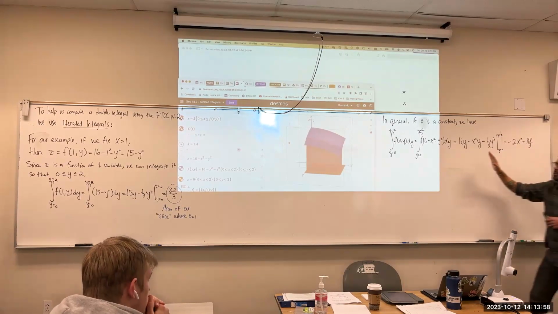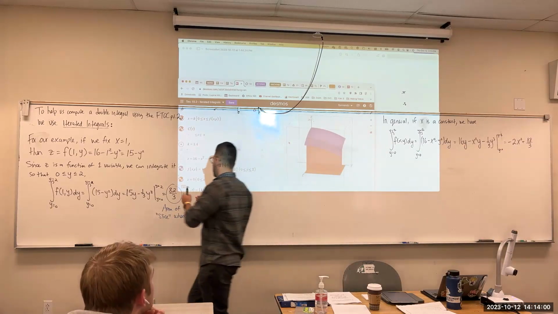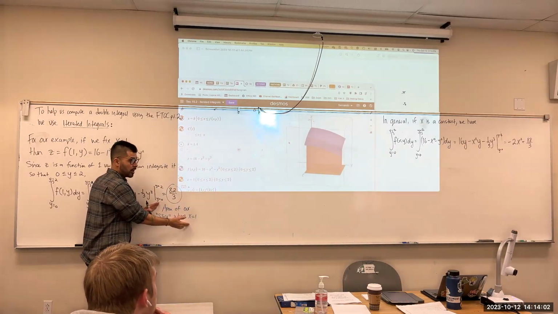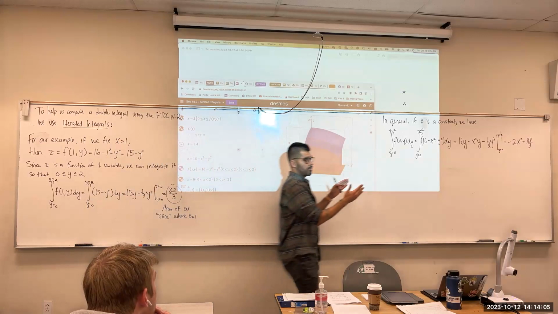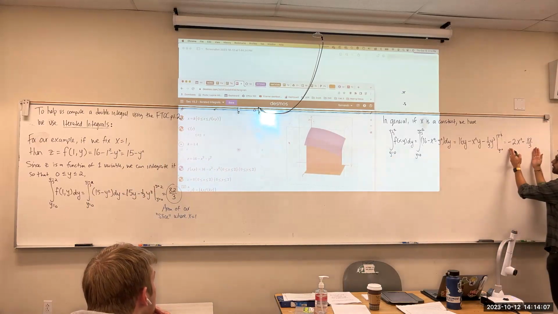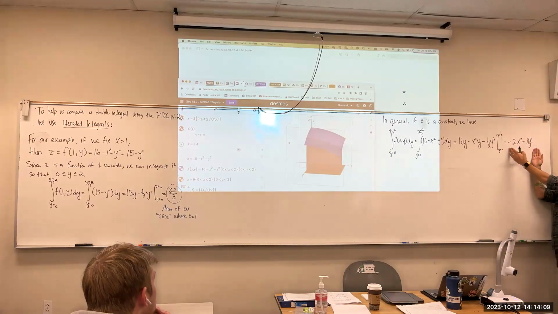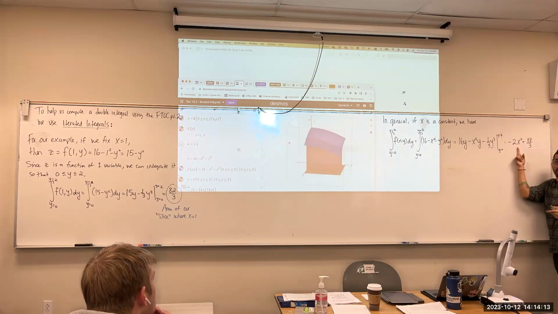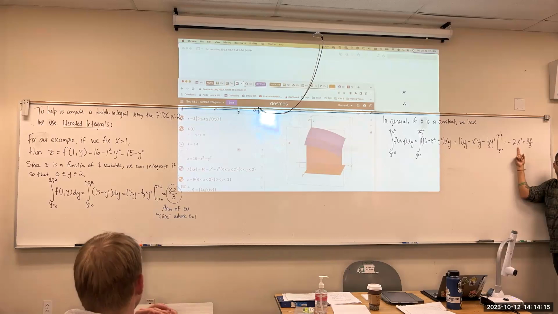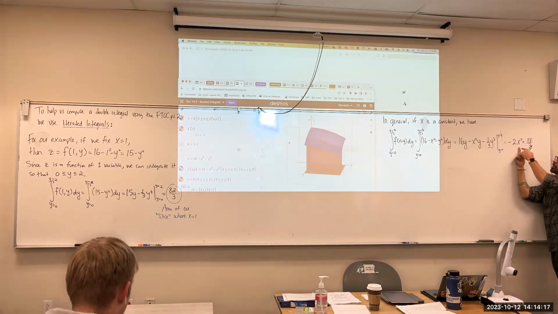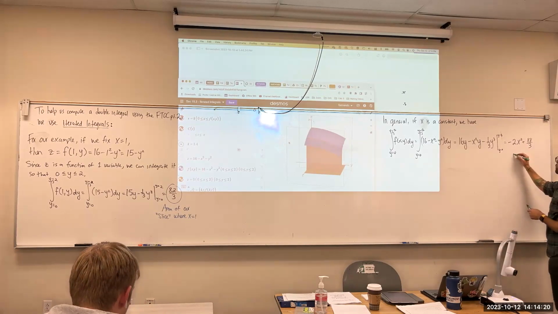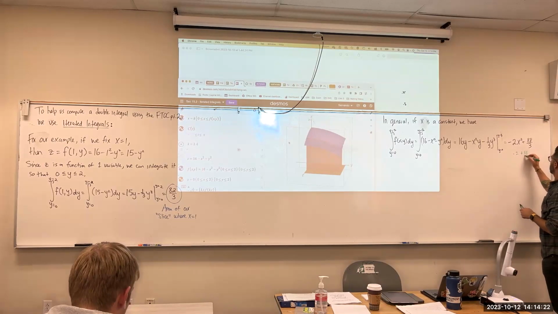This answer before represented the area of our slice where x is equal to 1, right? What do you think this answer represents? Arbitrary x for a single slice. Exactly. The area of a slice for the given x that's being fixed. If x is 1, plug in 1 here. You get minus 2 plus 88 thirds.